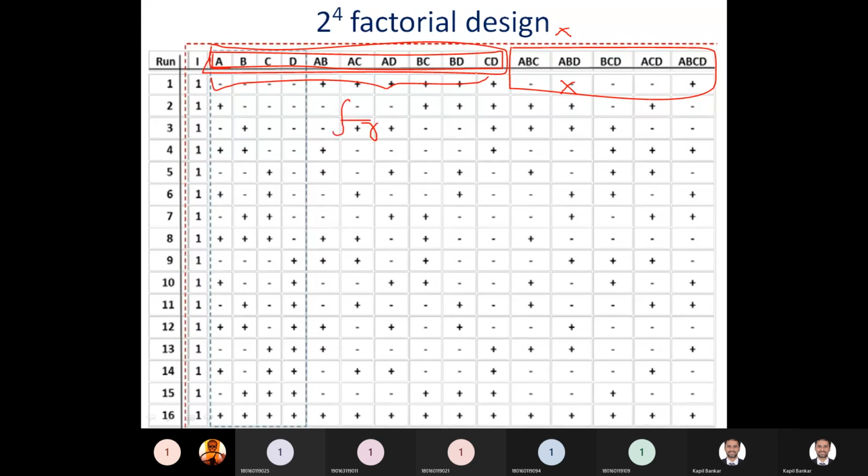If you consider only the main effect and two-way interaction effect, then it is called fractional factorial design. Got it?